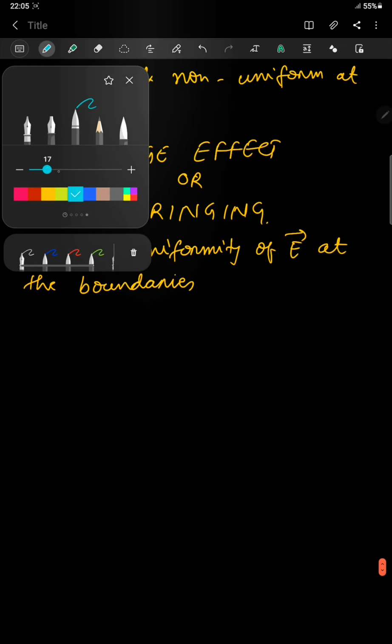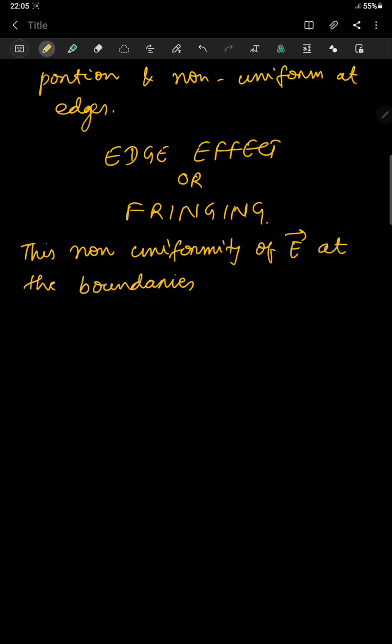So what I can say here is, this non-uniformity of electric field at the boundaries of the plates can be neglected, becomes negligible when, what is the condition?